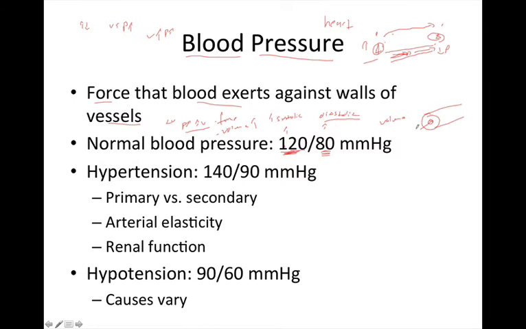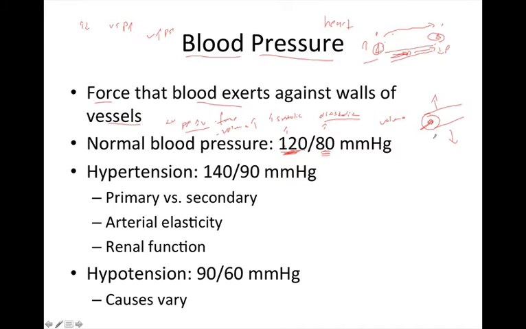So when the left ventricle is in systole and it's dumping a higher volume of blood into the arterial system, that's going to cause the walls of the arteries to expand. Because an object that's elastic, when you apply pressure to it, is going to stretch.